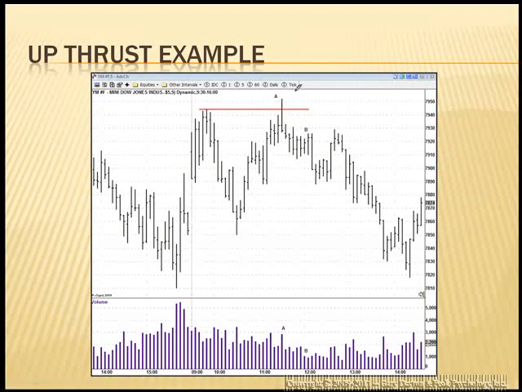Here's a clear, clean example of an upthrust. We have resistance in the background. Okay. Market has been coming down. We have this pop up. It opens up. We come back down. We try to rally back up above it. Look at the rally too.